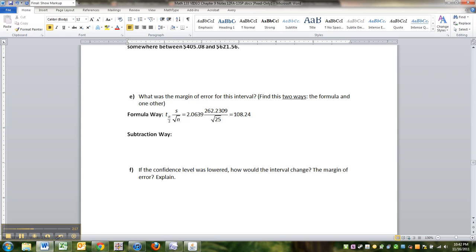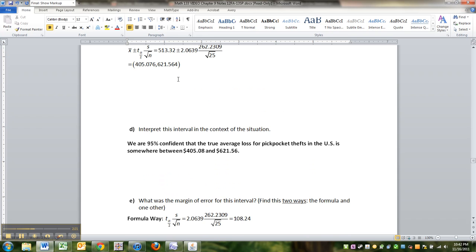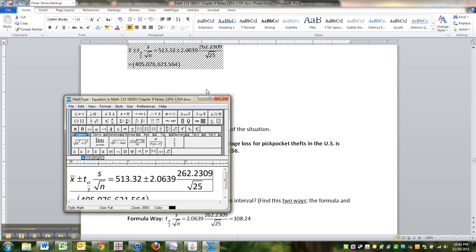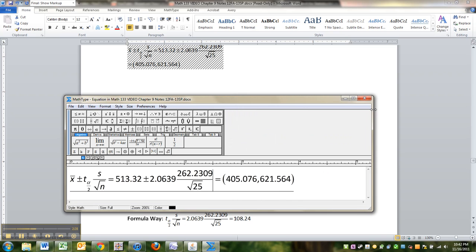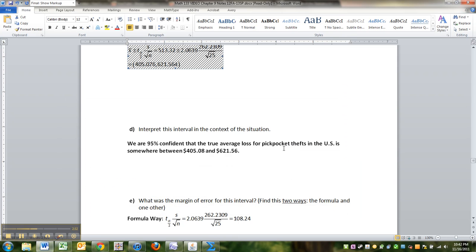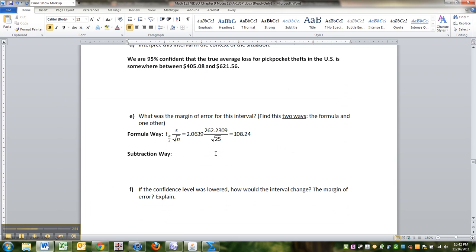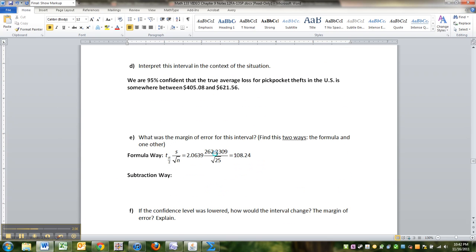Now, for the subtraction way, you have to keep in mind what the interval was. The interval was from 405 to 621. Okay, so remember those are the ends of the interval, and the center of the interval is the 513.32.